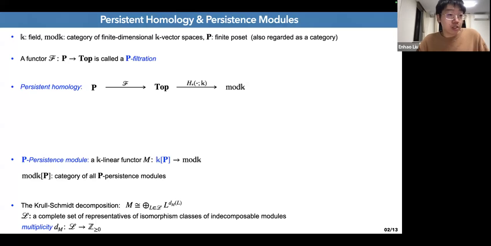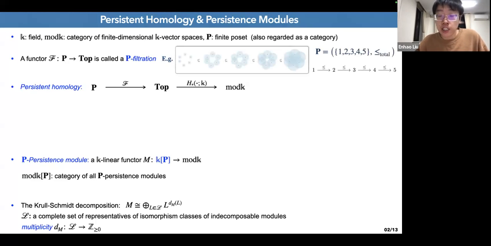And then, what is a filtration? A filtration is nothing but a functor from this poset, as a category, to, say, the category of topological spaces. We call it a P-filtration. As an easy example, as we saw on the previous page, in the one-parameter filtration case, the poset P can be taken as a totally ordered set with five elements, 1 to 5.